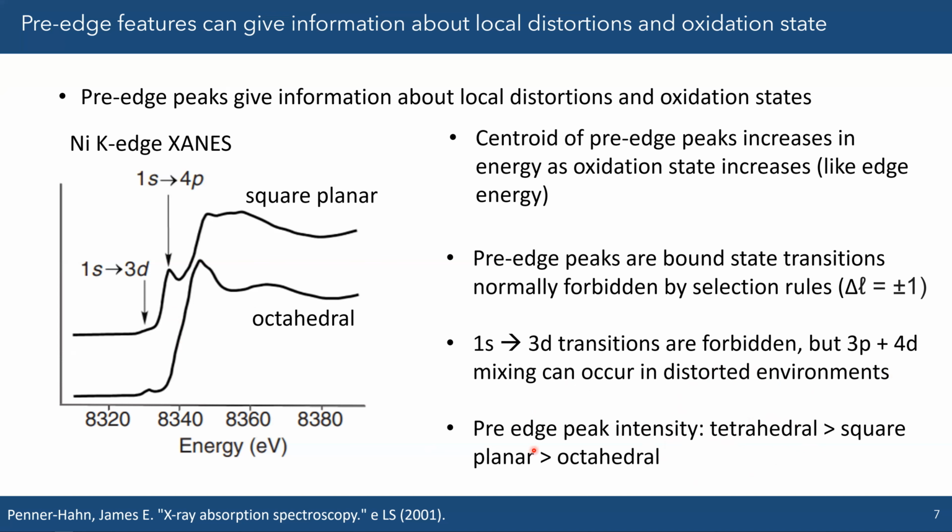And if you have an octahedral environment, you'll basically have no preedge peaks. You can see this experimentally, where we're looking at nickel K edge XANES. We're looking at two different nickel compounds, one where the nickel has a square planar geometry and one where it has an octahedral geometry. You can see here that the square planar nickel compound has much more intense preedge peaks compared to the octahedral.